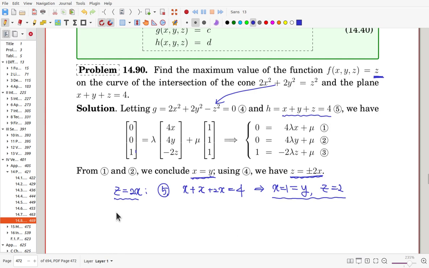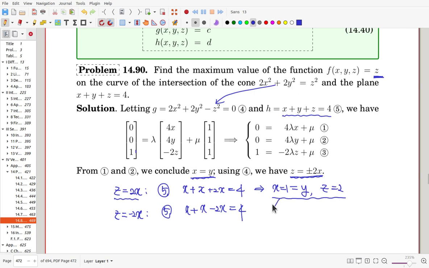How about the other case? z is minus 2x. Then, again, from the fifth equation, x is y, as must always be true. So the fifth equation becomes x plus x plus z, with z equal to minus 2x. Then the right side is 4 and the left-hand side is 0, so it is impossible.